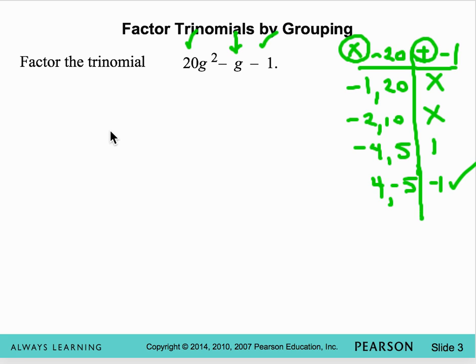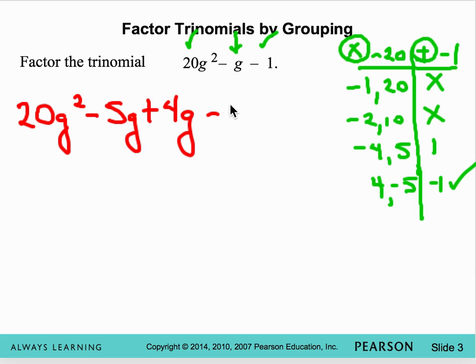Be very careful. Okay, so now I can just rewrite the problem. 20g squared minus 5g plus 4g. You can put that in any order, right? I just changed minus g to minus 5g plus 4g. The rest of it stays the same, and now I can factor it by grouping.